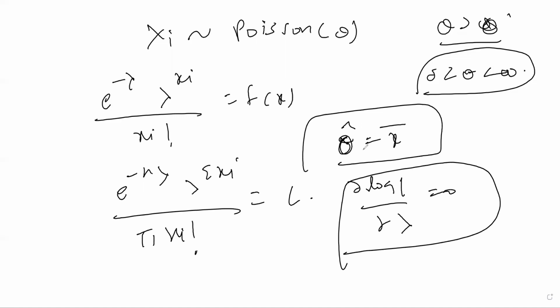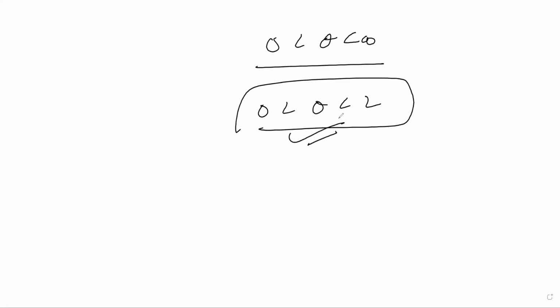Now let's talk about the restricted MLE for Poisson. Suppose instead of (0, infinity), theta is only up to 2. We are restricting it to 2.